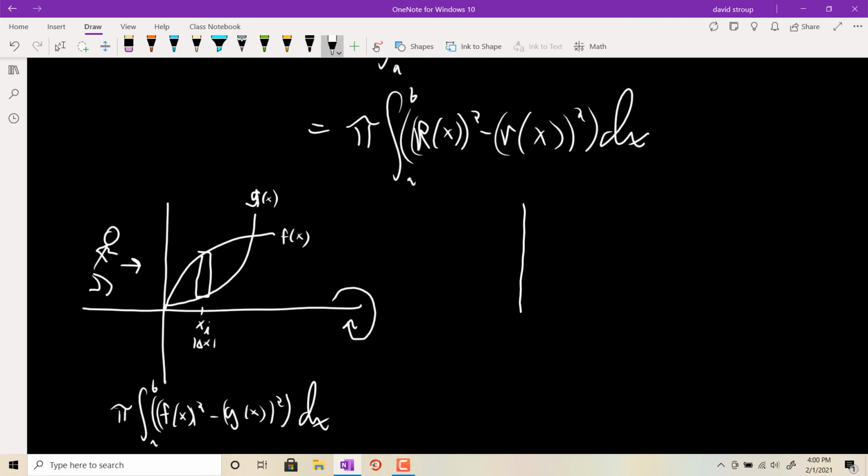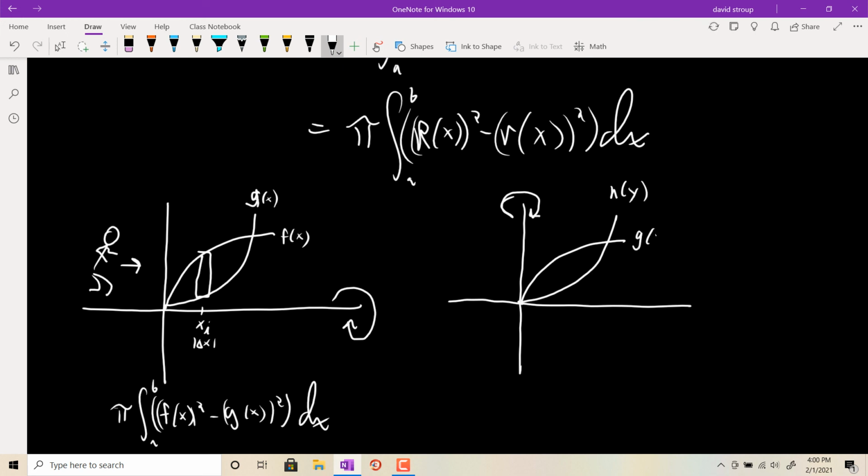But in the other orientation, if you do y-axis rotation, let's say we have the same curve, except now we have to call them something else. So call this h of y, and then this guy's g of y. Our rectangles will be oriented in this way. So a particular y sub I, and then the width is change in y.